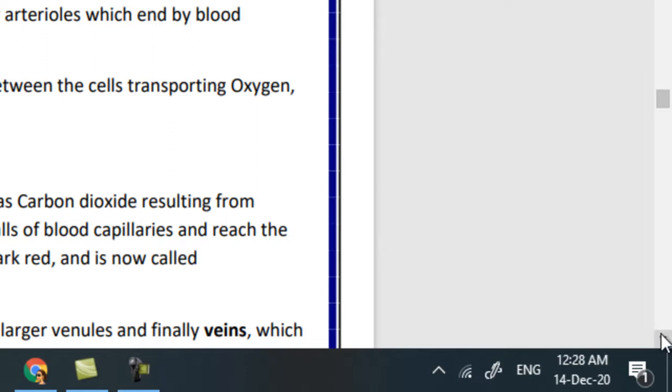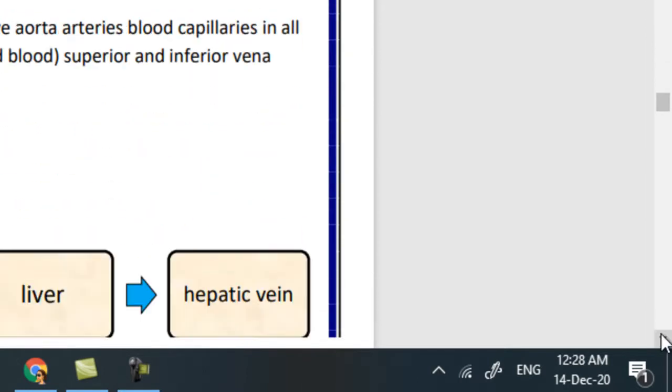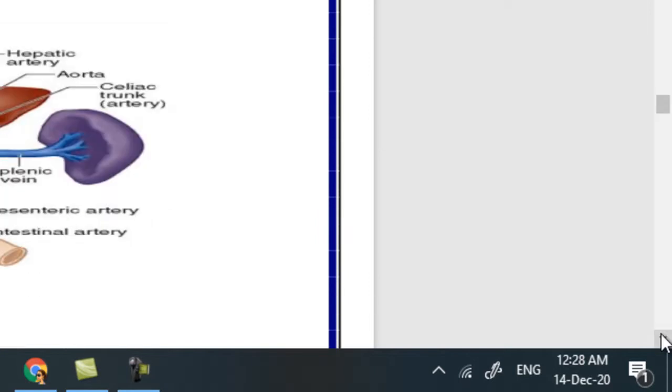The third blood circulation is called hepatic circulation. It starts with the small intestine and ends with the hepatic vein of the liver.